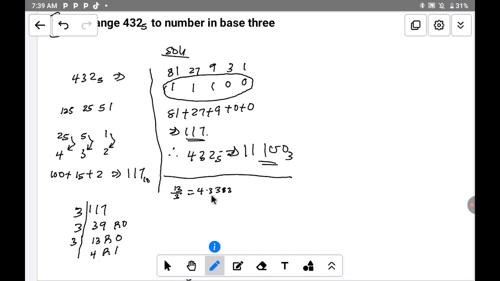That decimal part is not the remainder. Now if you go again, 4 divided by 3 goes 1 time, and the remainder is 1.